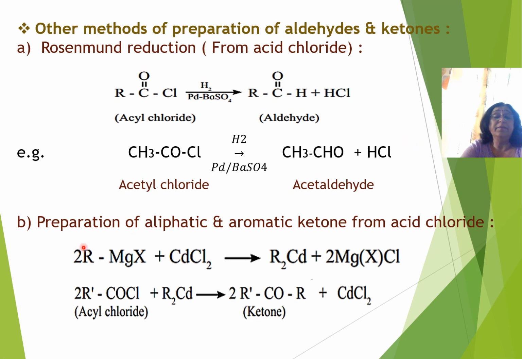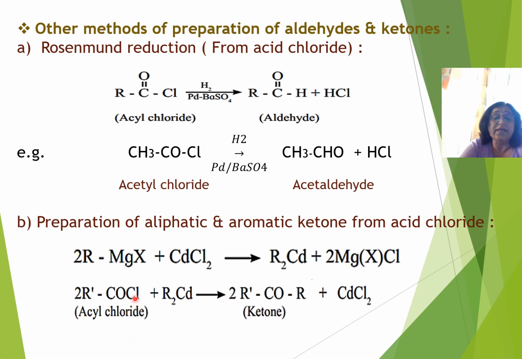Clear? Then preparation of aliphatic and aromatic ketones from acid chloride. So what happens when aliphatic and aromatic ketones have to be obtained from acid chloride? First, Grignard reagent is reacted with cadmium chloride. Alkyl magnesium halide is reacted with cadmium chloride. You get dialkyl cadmium plus magnesium chloride.